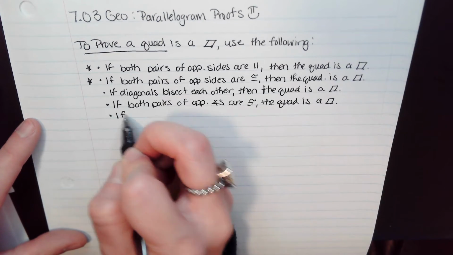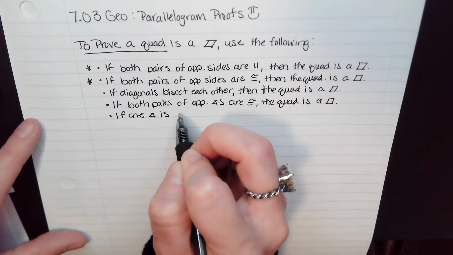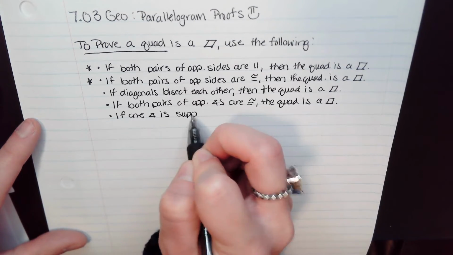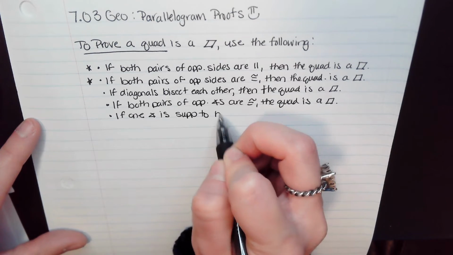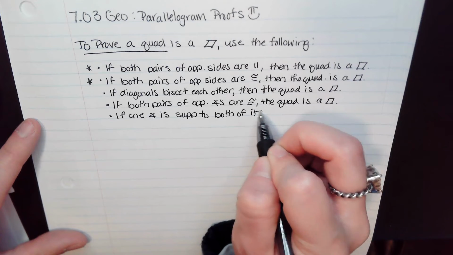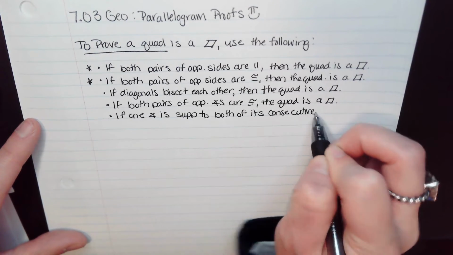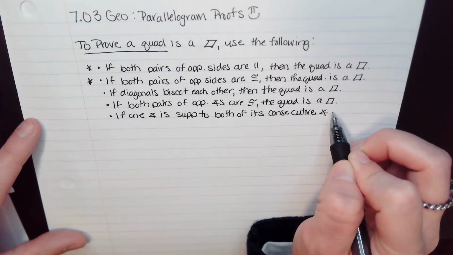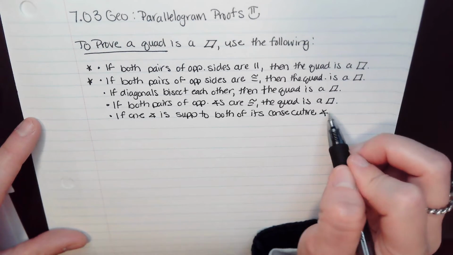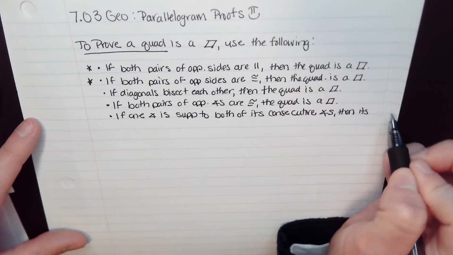If one angle is supplementary to both of its consecutive angles, then it's a parallelogram.